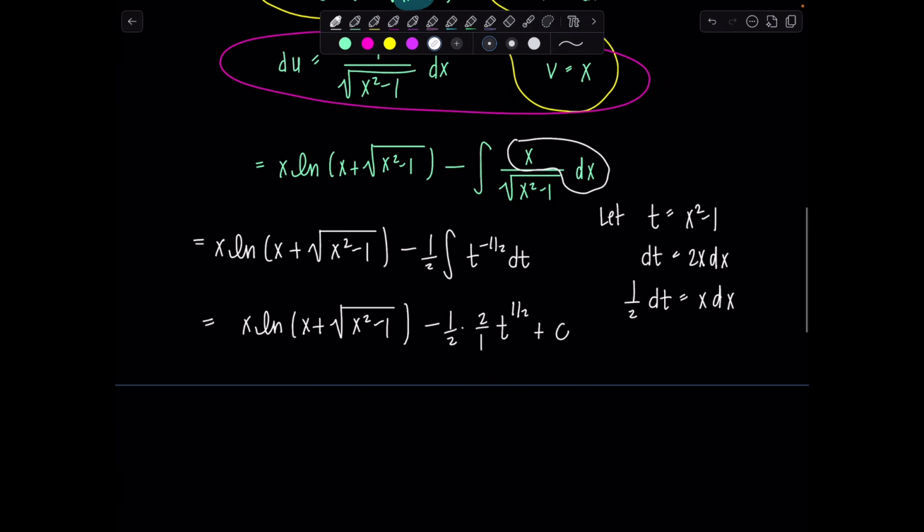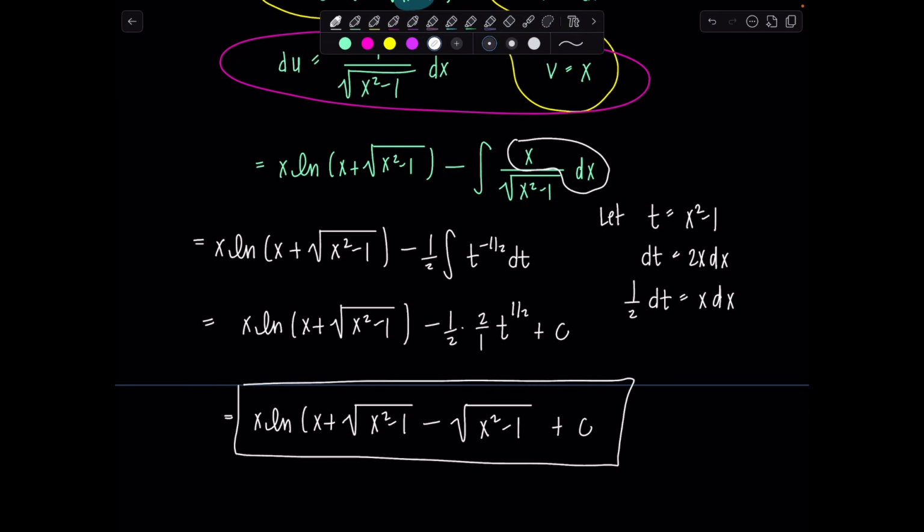We're almost there, guys, almost there. So this is x natural log of x plus square root x squared minus 1 minus the square root of x squared minus 1 plus c. Et voila, box it with pride.